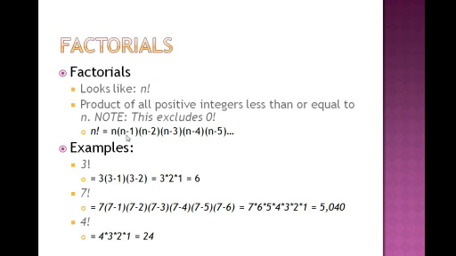And then every value that gets multiplied by it is 1 less than that value. So if this was 10, this would be 10 times 9 times 8 times 7, all the way until I get to 1. The way we write that mathematically is n times the quantity of n less 1 times the quantity of n less 2 times the quantity of n less 3, and so on.